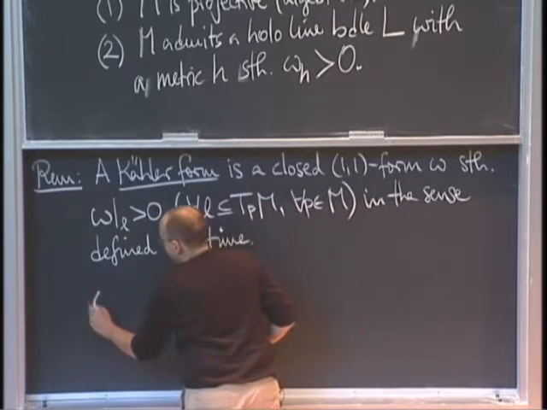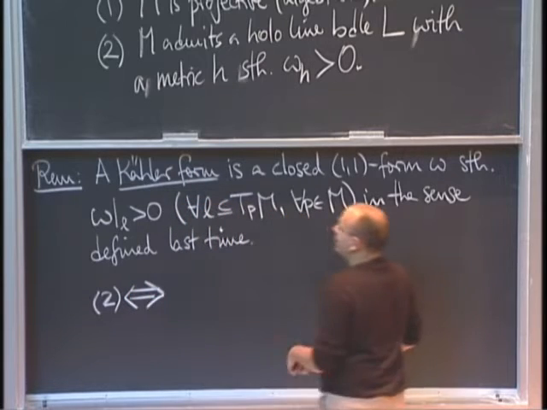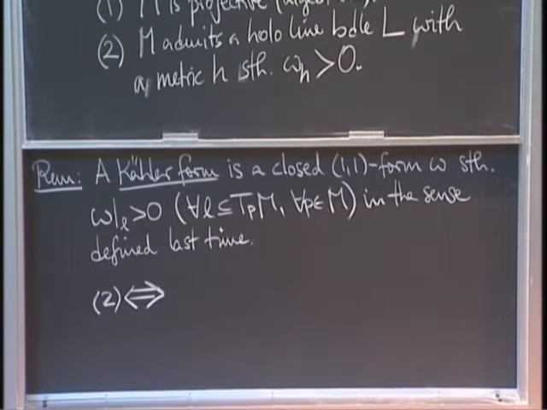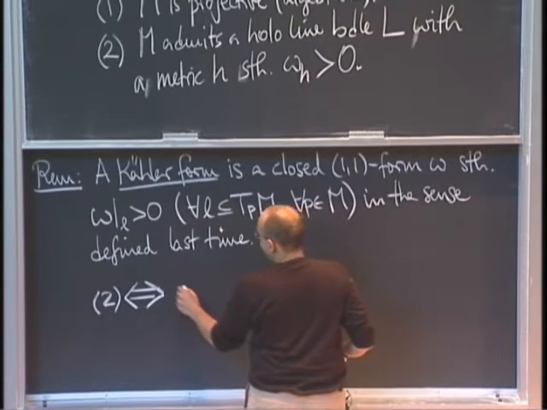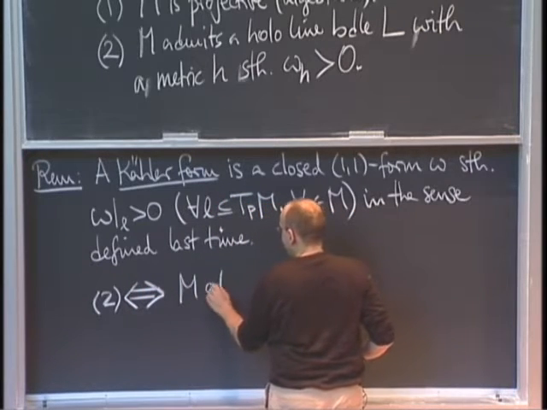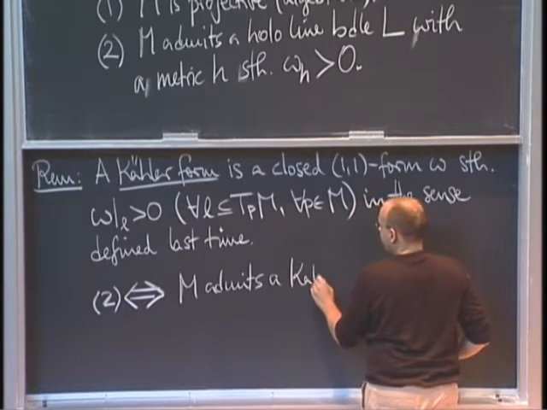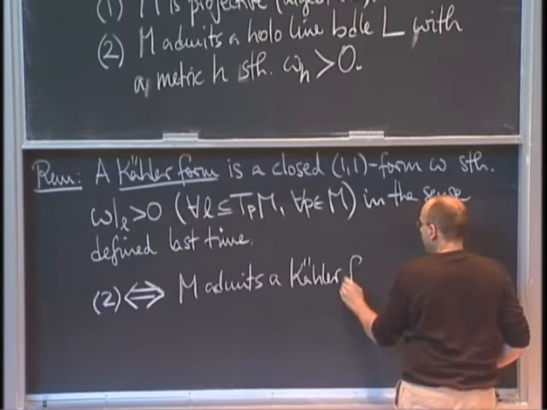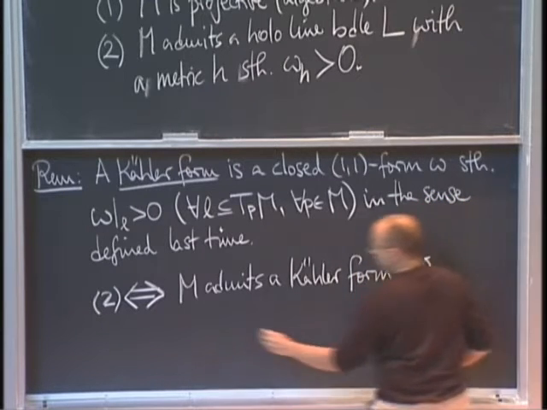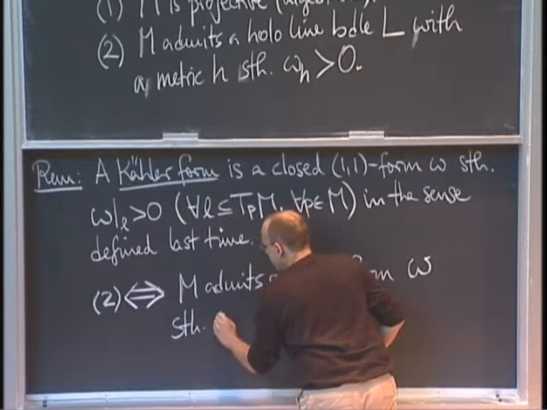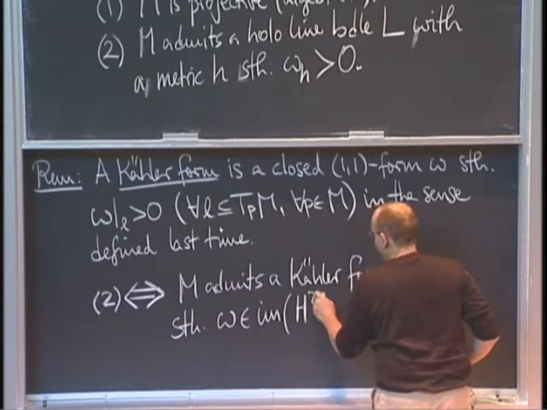So it turns out that this condition 2 can be restated equivalently, and this is how many people think about this condition normally, that M admits a Kähler form omega such that omega lies in the image of the map from integral to real cohomology.